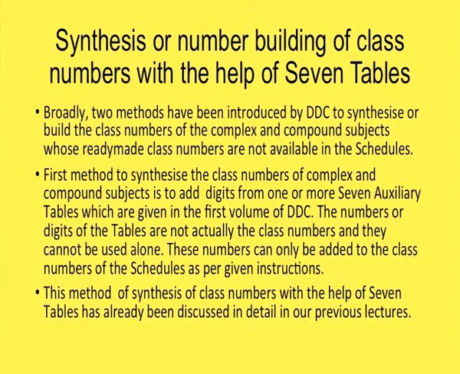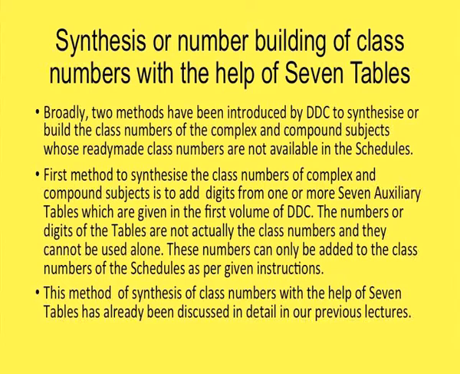So, we add a digit from any one of the 7 auxiliary tables which are given in the first volume of DDC to the basic subject number given in the schedules, and this way we make the class number of the complex subjects. So, the numbers of the tables cannot be used alone.